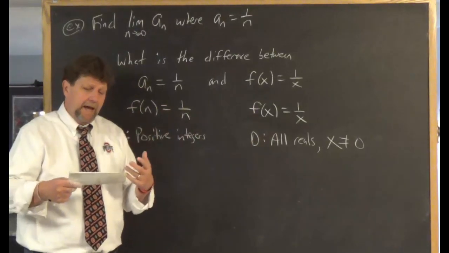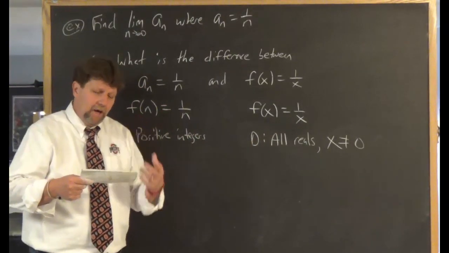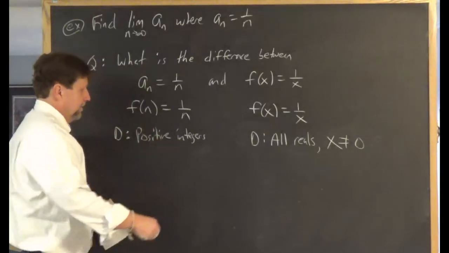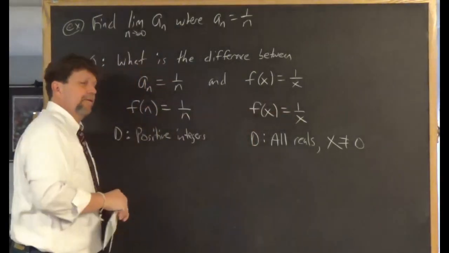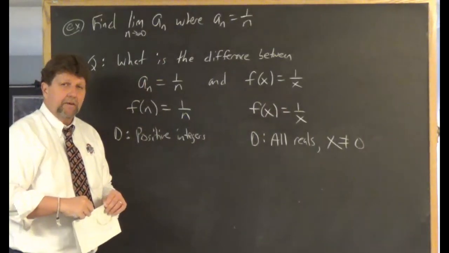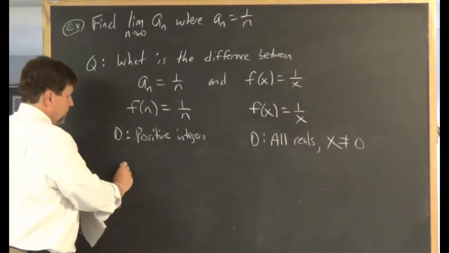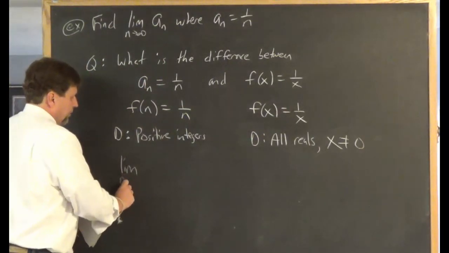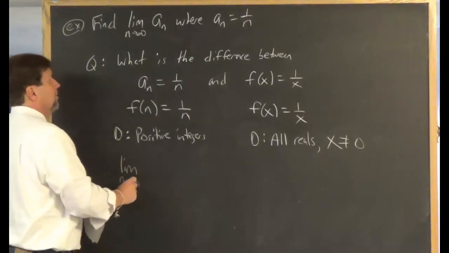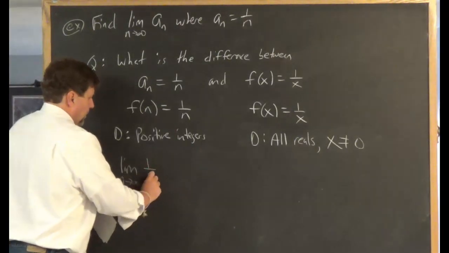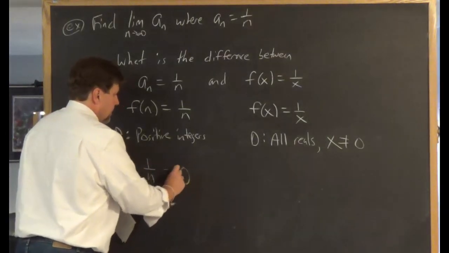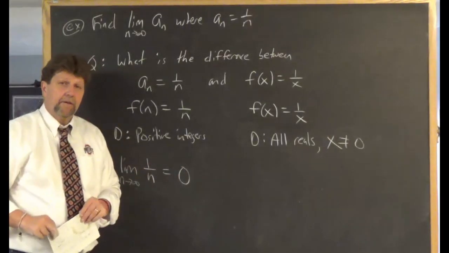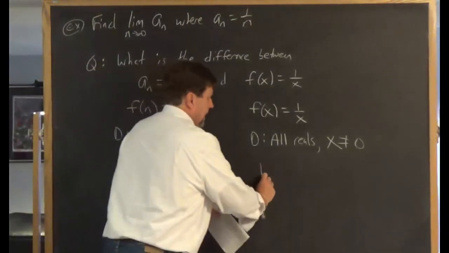So because of that, and because we know that the limit as x goes to infinity of 1 over x is 0, we can conclude, and we'll formalize this in a couple of minutes in a theorem, that the limit as n goes to infinity of 1 over n, it too is 0. Let me write that down here.